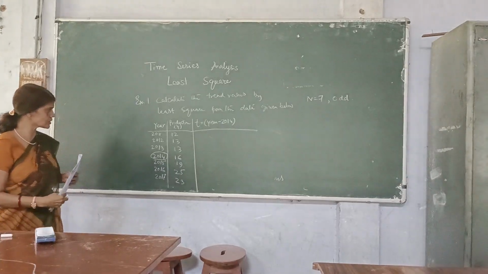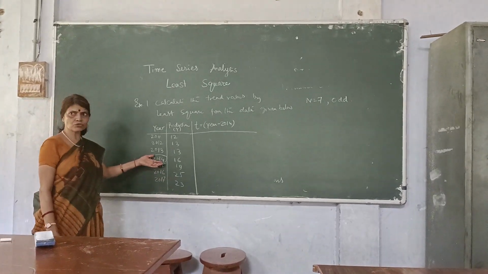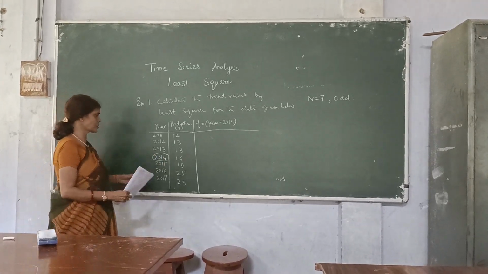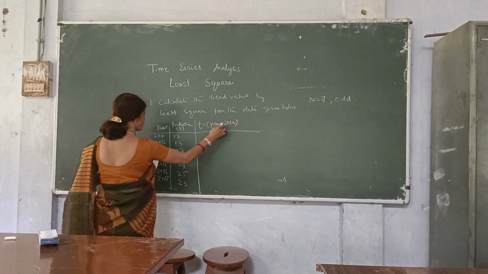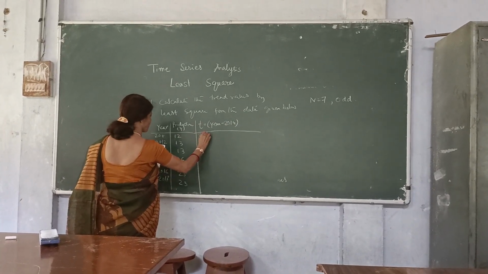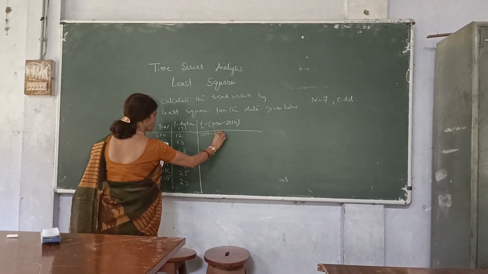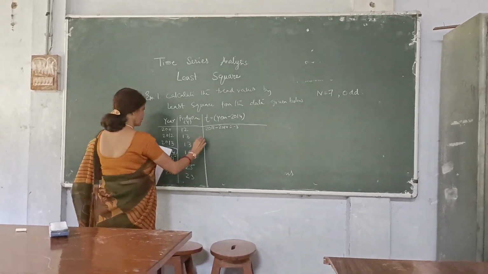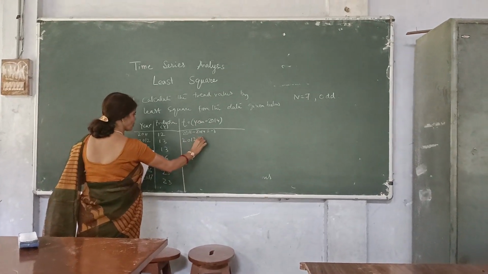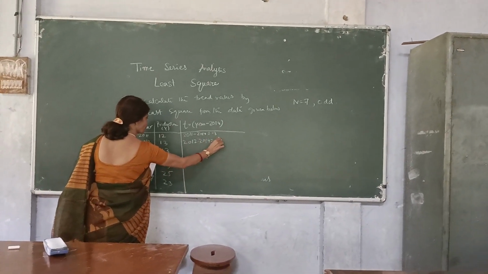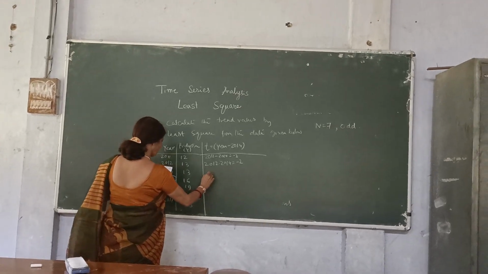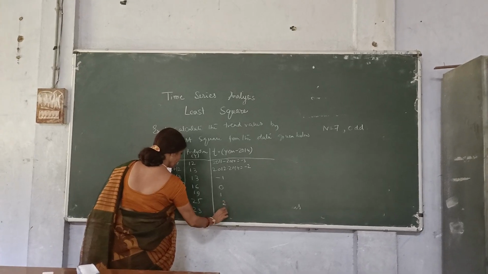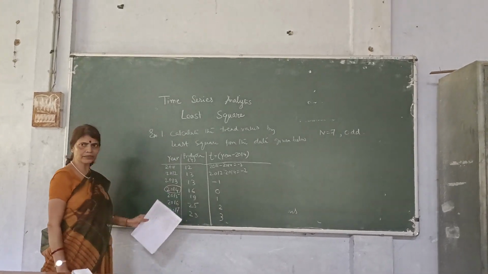Now take the deviations from this 2014. First one is 2011 minus 2014, so it is -3. Then 2012 minus 2014, it will be -2. So next one will be -1, next is 0, again it is 1, 2, 3. So this way we are getting T.